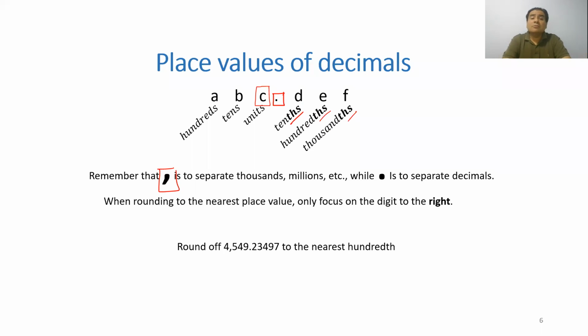When you round to the nearest place value, you need to focus on the digit to the right of the digit you actually want to round. For example, if we round off this number to the nearest hundredth, first pinpoint the hundredths digit. The hundredths, according to this scheme, would be this, right?